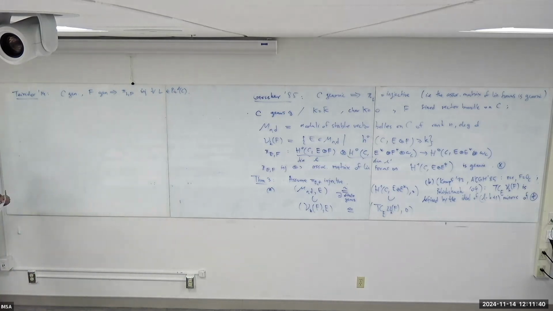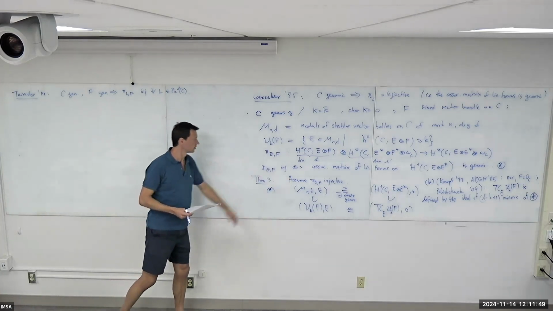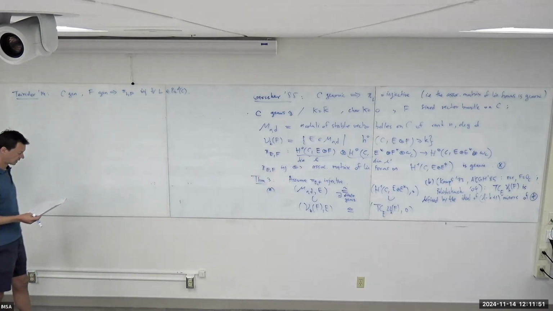So some twisted generalization of the Petri result claimed by Teixidor. So you can replace in that case this assumption with this.